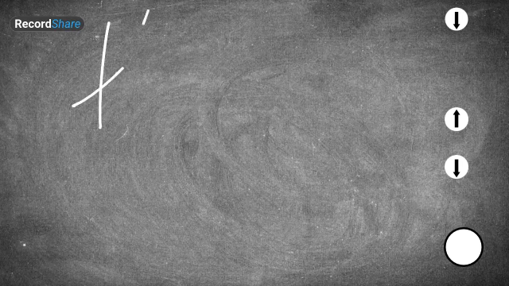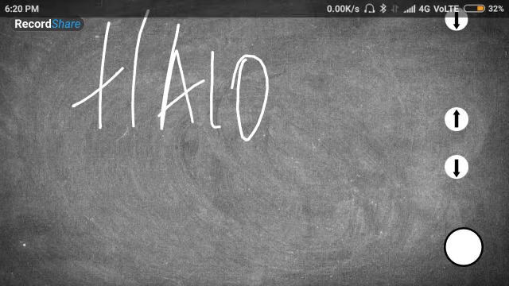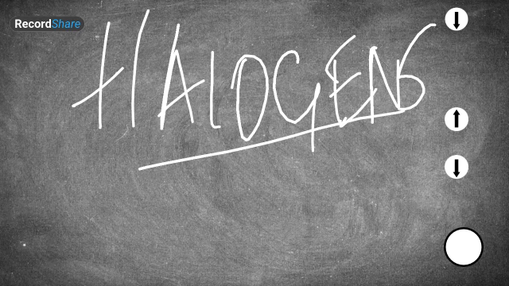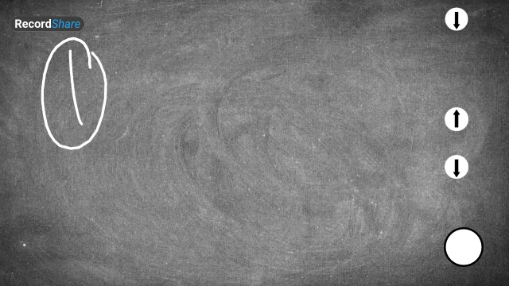Now let us discuss resemblance of hydrogen with halogens. Now point number 1. Both of them require 1 electron to complete their octet or duplet.